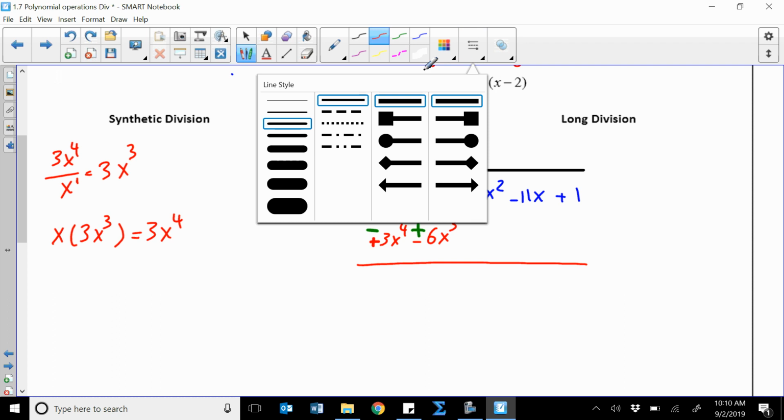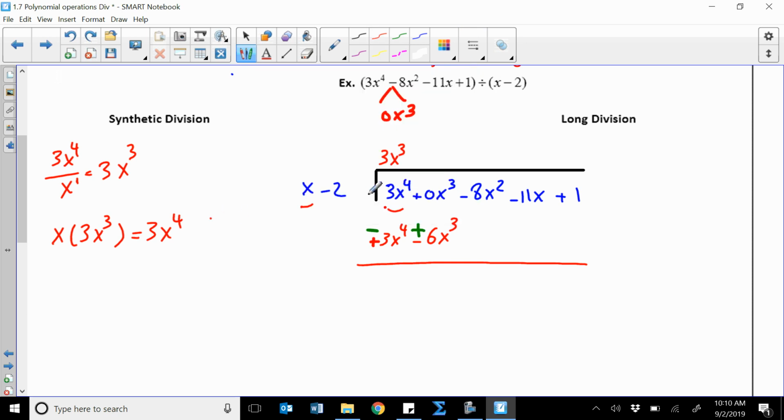Now I apply the operation. 3x to the 4 and negative 3x to the 4 cancel each other, so I don't need to write anything. Then 0x cubed plus 6x cubed will be 6x cubed. Then I'm going to bring the next term down, negative 8x squared.